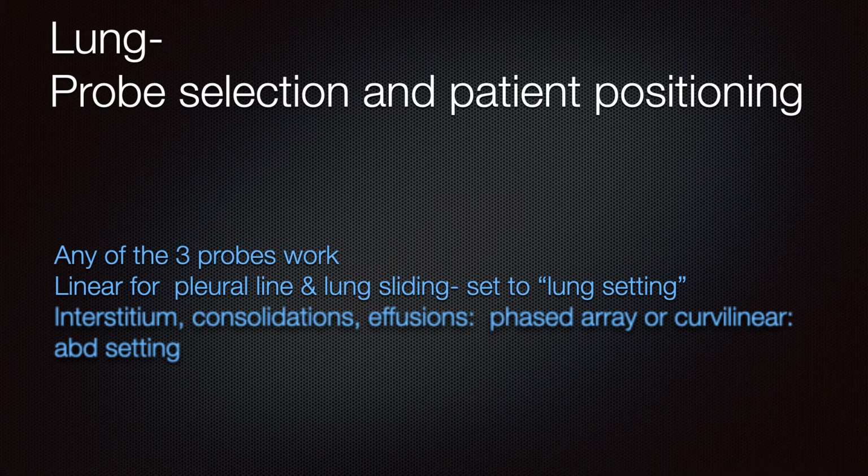For looking deeper with consolidations and effusions, you're generally going to use the phased array or cardiac probe, or the curvilinear or abdominal probe. And oftentimes you put it on the abdominal setting, but I always encourage people when they're learning POCUS to try the different settings between abdomen and lung. I've even used cardiac settings sometimes to look at pleural effusions.